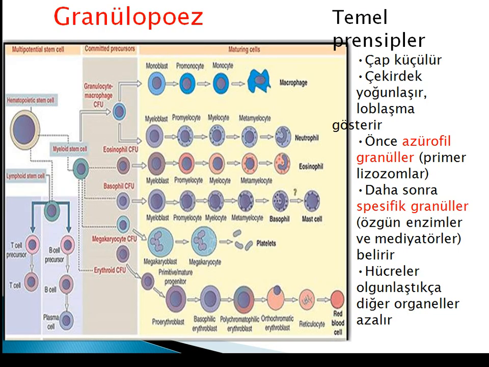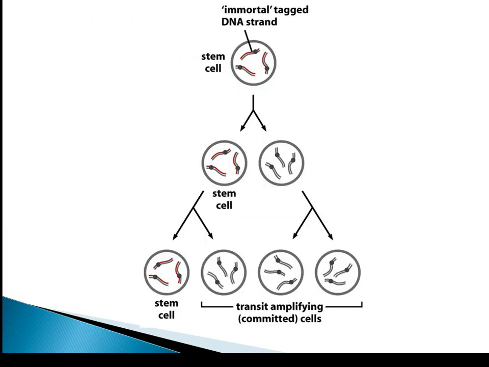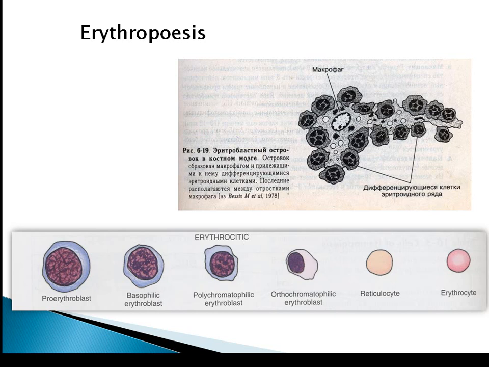Each of these cells will have different steps in their formation. For example, erythropoiesis, the formation of erythrocytes, requires two forms of progenitor cells to produce 2.5 times 10 to the 11 red blood cells on a daily basis.